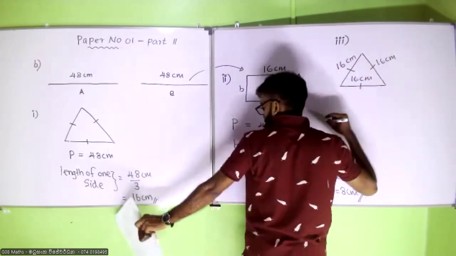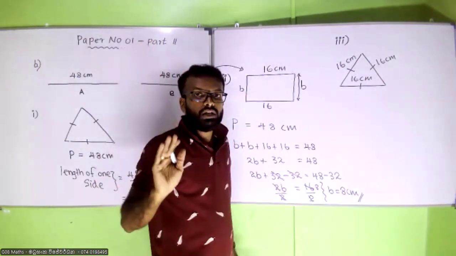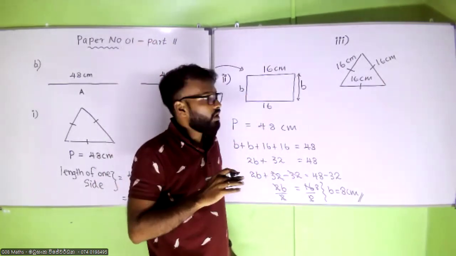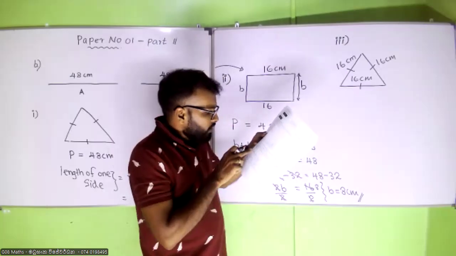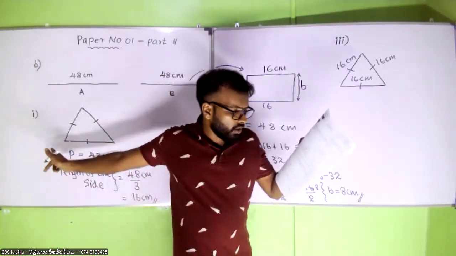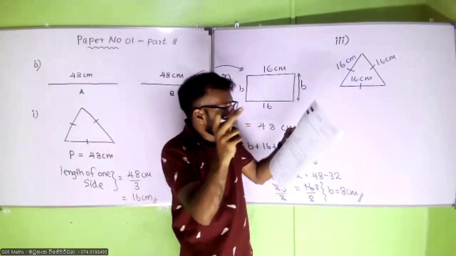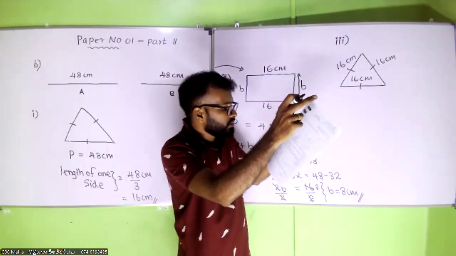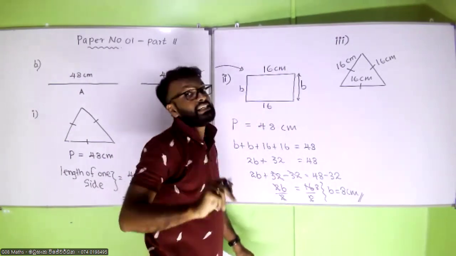We have found that all the lengths are equal in magnitude: 16, 16, 16. Now, by removing one side of the triangle and joining the rest to the length of the rectangle, the length of the rectangle is 16 centimeters.